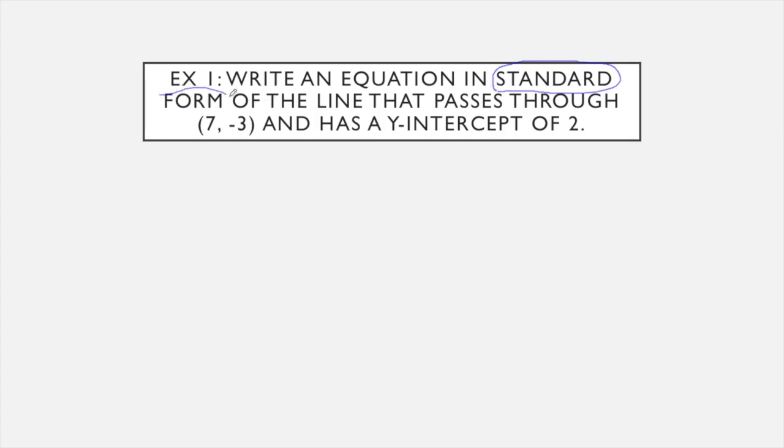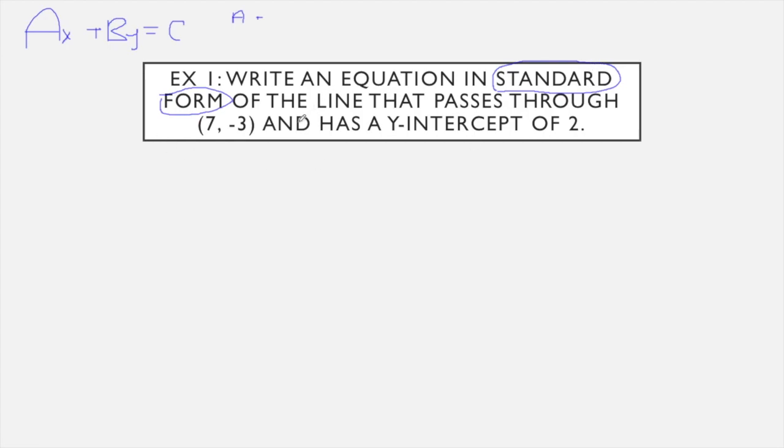In this case, we see standard form, which we know means some number times x plus some number times y equaling a constant. So a, b, and c are all whole number integers, and we know a is a positive number. A can't be negative. We want a to be a positive value, so the x should be positive. Our x and y are on the same side. We talked about that many times.